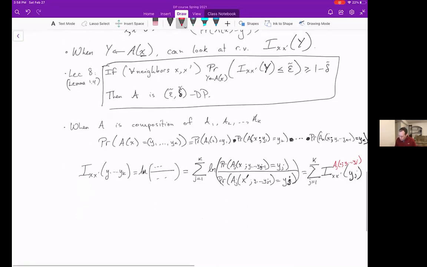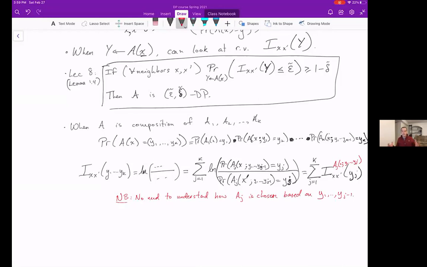What's great about this way of viewing things is that we don't need to know anything about the way Aj is selected from the Ys. That could be done by some automatic process, but it could also be done by a human analyst looking at outputs and thinking about what they want to know next. There's no need to understand how Aj is chosen based on Y1 through Yj minus 1.